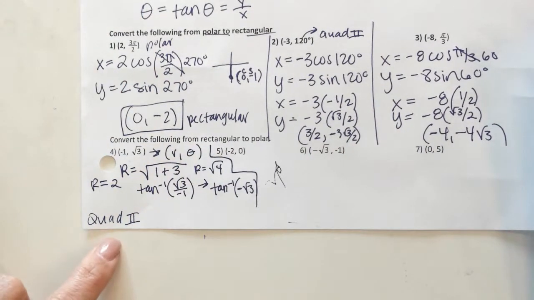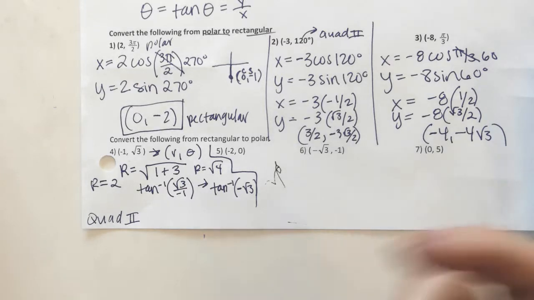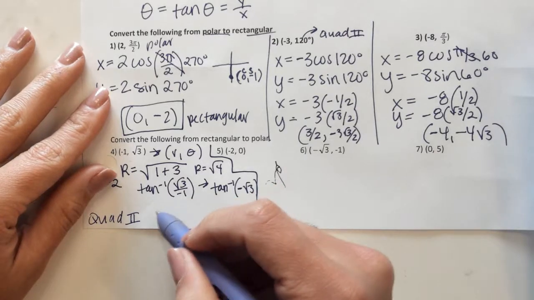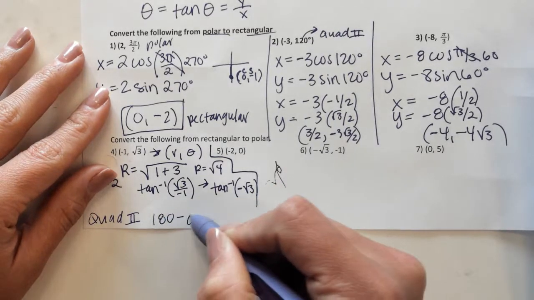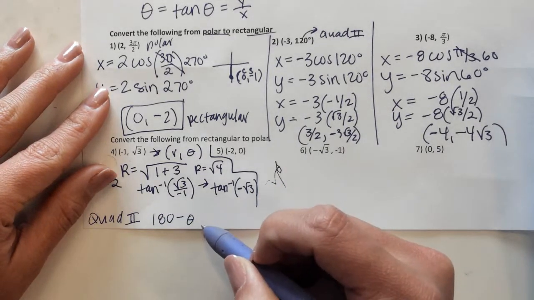Now think about what angle in quadrant 2 has a reference angle of 60. Which is what? What degree is that? Not quite. 120. How can we check this? To find the reference angle for something in quad 2, don't we do 180 minus that angle? Right? So what do we have to subtract?